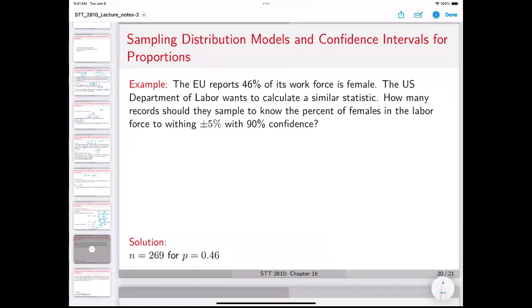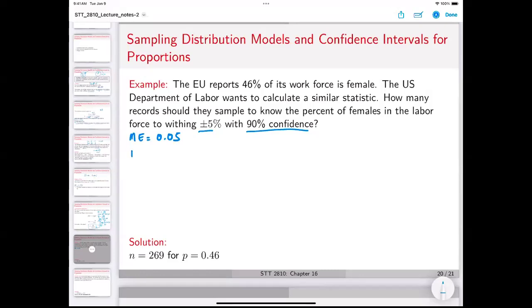How many records should this sample to know the percent of females in the labor force to be within 5% with a 95% confidence? Is that okay? So based on this, to be within this, it means that our margin of error is 0.05. Does that make sense?